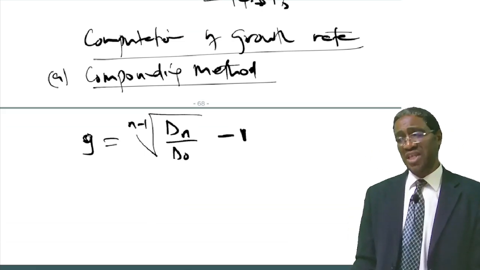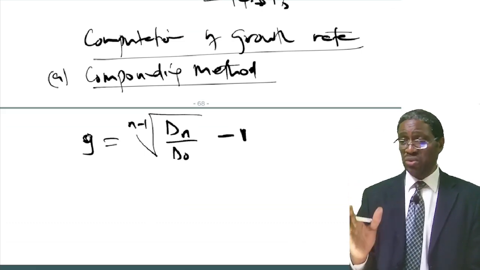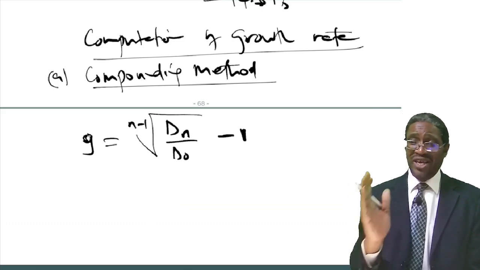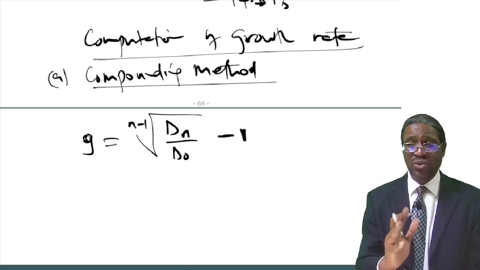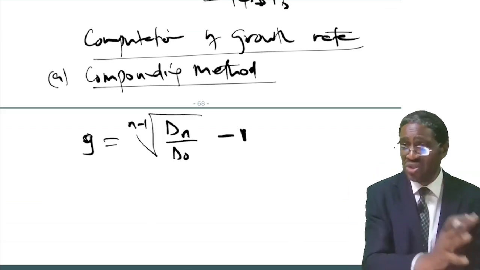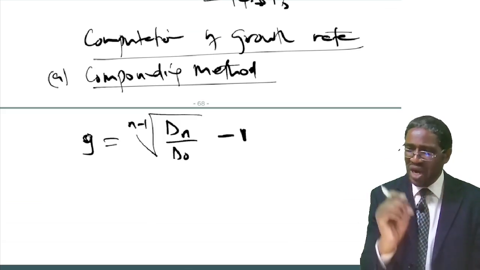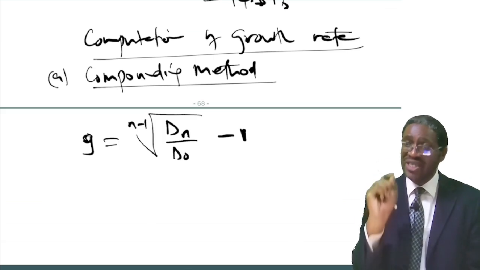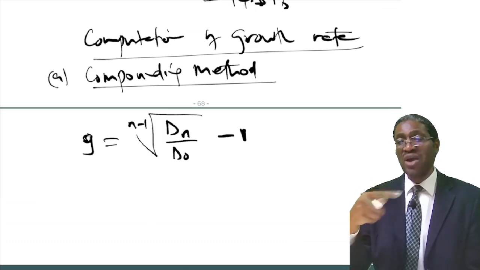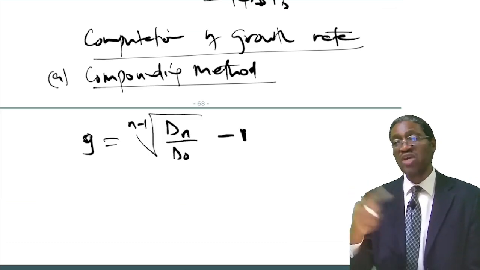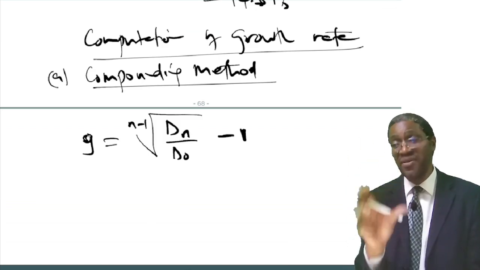N is the number of years. The examiner will give you the history of the company: dividends last year was this, the other year it was this. Remember, we are looking for the growth rate of the dividend.